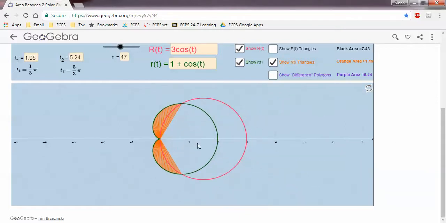It finds this side of the graph, right? So you want to go from negative pi over 3 to pi over 3, so it finds the right side of the graph. It's hard when you're looking backward. This thing doesn't do negatives, so I have to go from 0 to pi over 3.